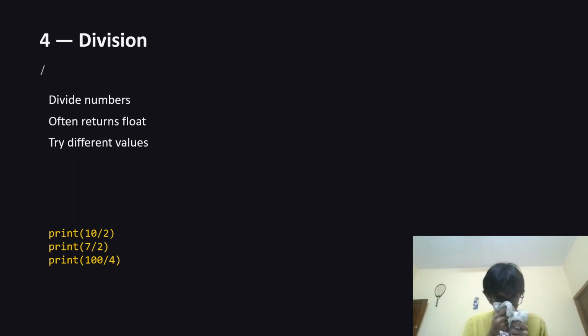So we have a few lines of code here. We have print 10 divided by 2, 5, 7 divided by 2, 3.5, 100 divided by 4, 25. So I want you all to do the code. In case you are not able to do it, we will do it together.